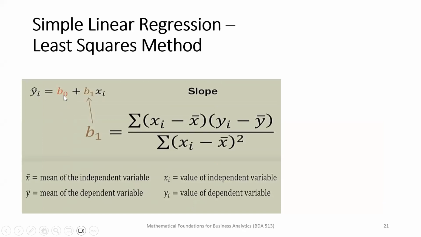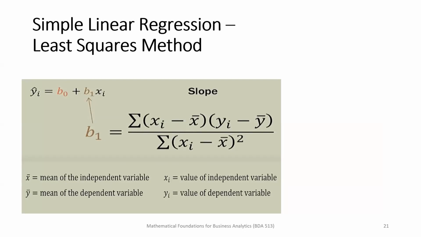So based upon this equation, remember that we've established that the regression equation is B0, the intercept, plus the slope. The slope is B1. B1 is calculated by looking at the difference between the mean of the independent variable and the individual values of the independent variable.